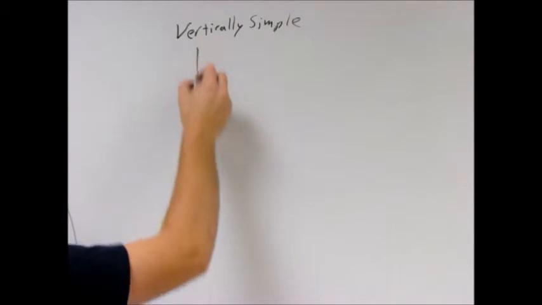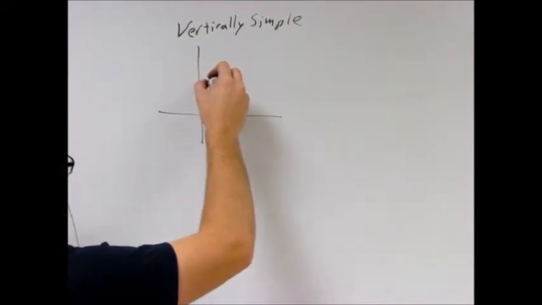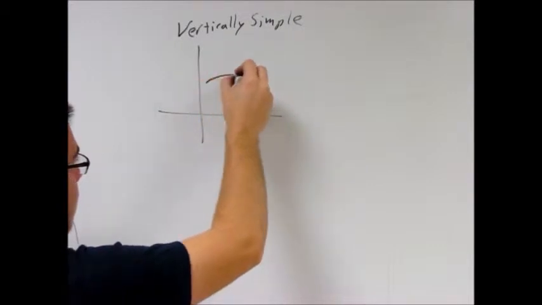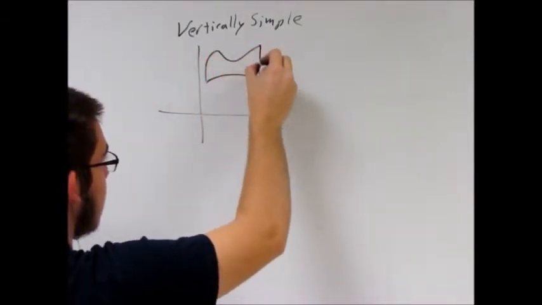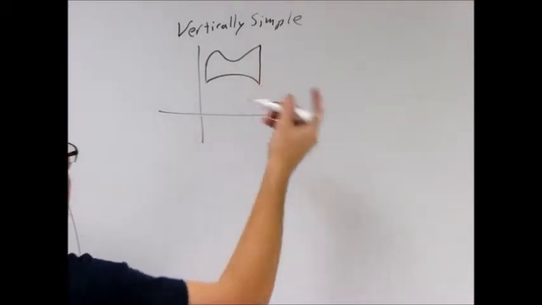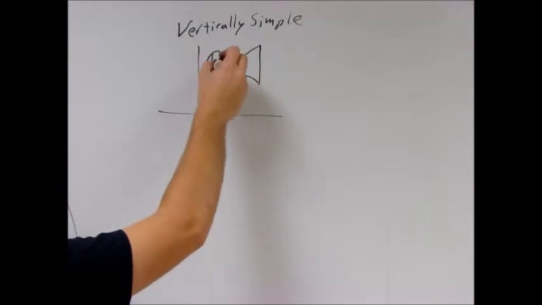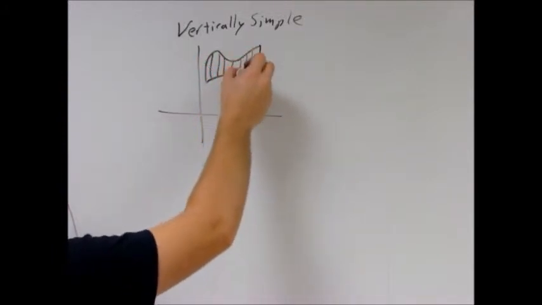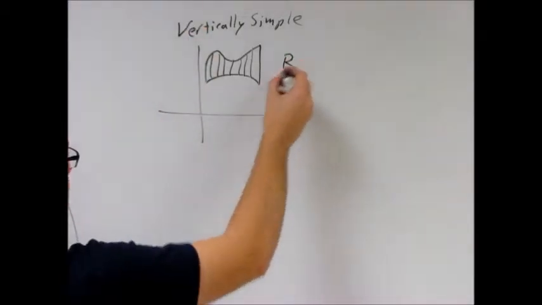Vertically simple just means you have a function like this, where all of the vertical lines, you can slice it vertically without the lines ever leaving the region. So this is a vertically simple region.